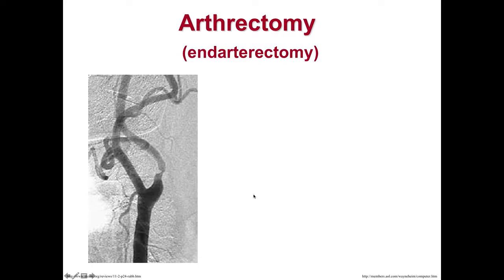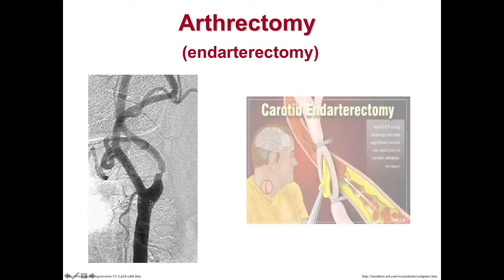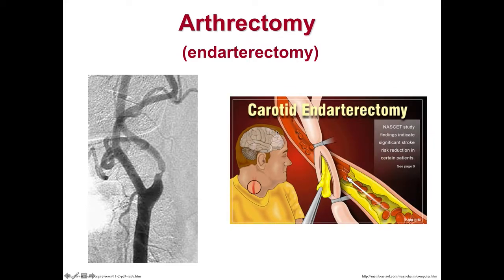So in the case of this endarterectomy, what we're trying to do is rectify the blockage that you can have in the carotid, for example. Let's take a look at what the carotid endarterectomy is.